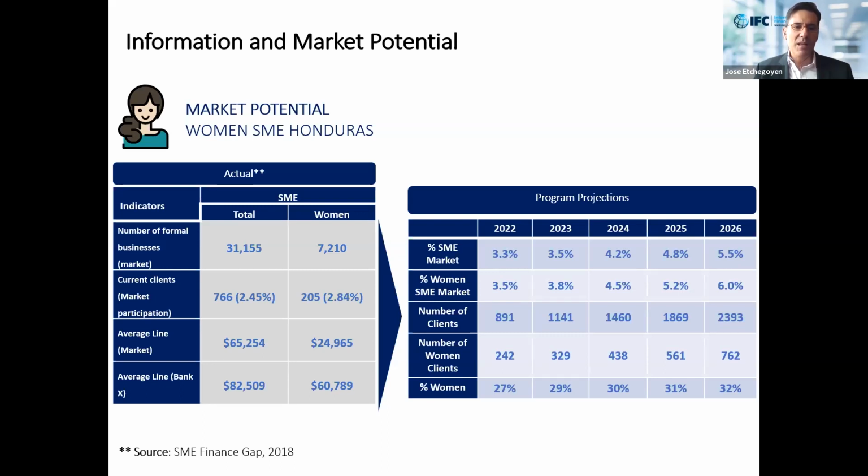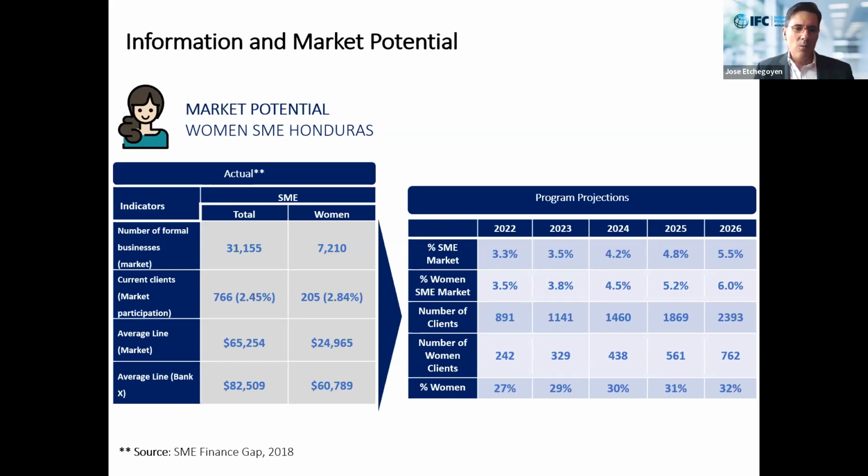Then we compare that with the bank market share. We estimated the bank market share at about 3%. The next estimation we made is the average line in the market. We have some difference here, as you can see. The average size of the SME credit line was 65,000, whereas for women it was 25,000, and that you will see is the case most of the time, where women's lines tend to be much smaller than the average.